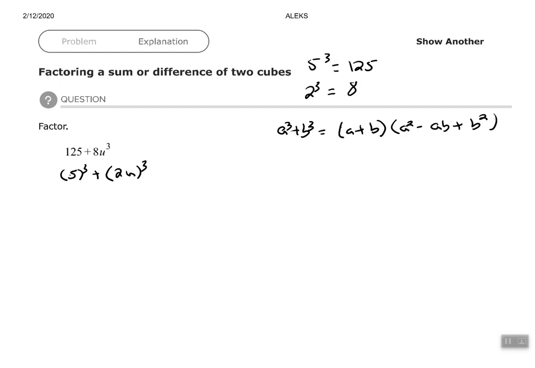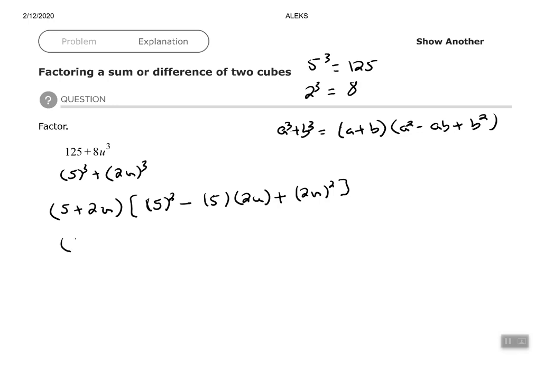So this time 5 is in the place of A and 2u is in the place of B. So 5 plus 2u times, and you may get to the point where you don't have to write this particular step out, you can do this part in your head, 5 squared minus, opposite sign, 5 times 2u, and then plus 2u squared. So that's all based on the formula there, where 5 is in the place of A and 2u is in the place of B.